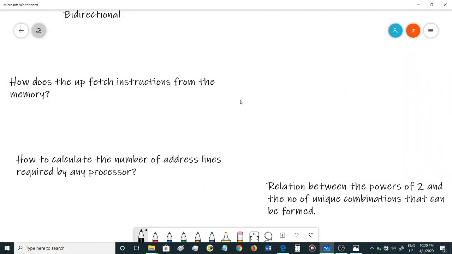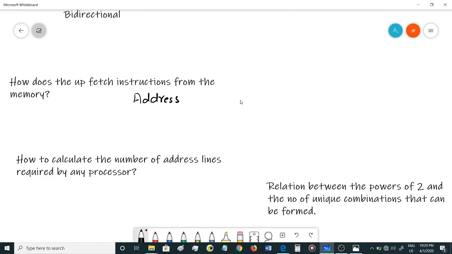So if you want to run a very specific program, you will have to go to that very specific memory location where the program is written. To reach that memory location, what do you require? You will require the address. You will always require an address to run a specific program which is at a very specific location.